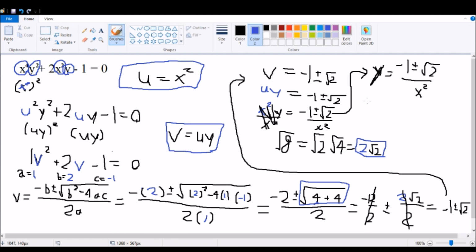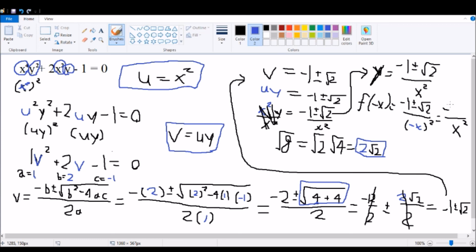And so now we can plug in the -x for the input, and then we will get -1 plus or minus the square root of 2 all over -x squared, and it's an even power, so it's just going to be x squared in the denominator.